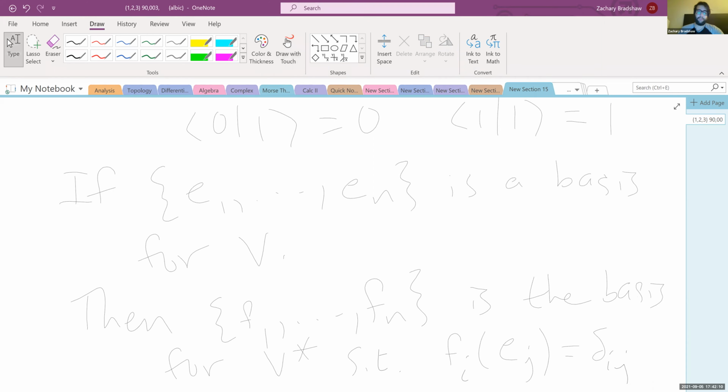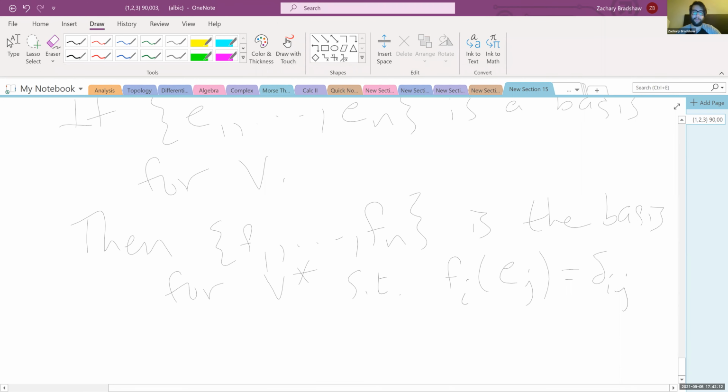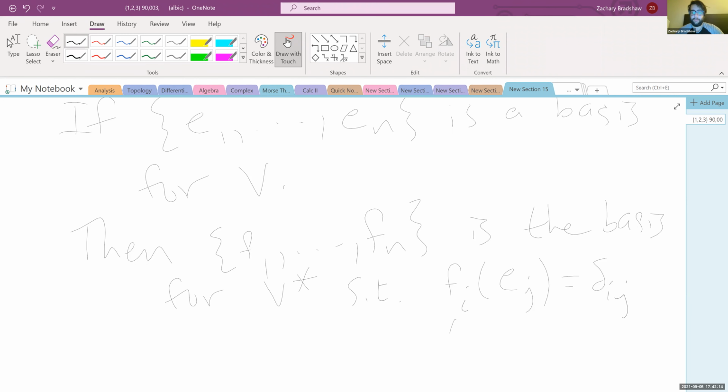Remember, the dual space is the space of linear functionals. So this guy takes a vector as an input, which is what Ej is. This is 0 for i not equal to j, and 1 when i is equal to j. So if it's 0 when i is not j, and it's 1 when i is j, then what you have is a dual basis.